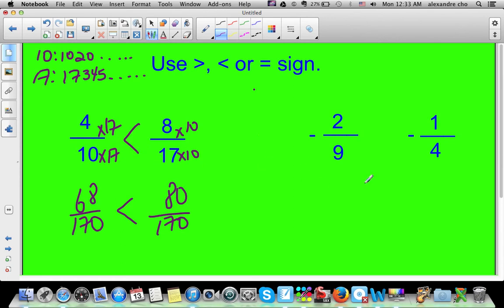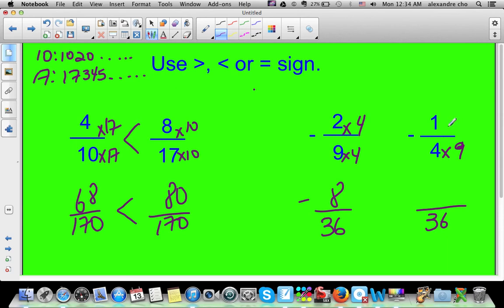Okay? 9 and 4. I would change them. The LCM between 9 and 4 is 36. Okay? And here would be 9 times 4, gives you 36. So top is 9 times 4, which is negative. I forgot the negative. 8. 4 times 9, excuse me, 36.